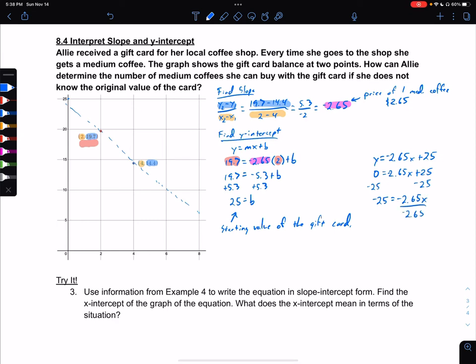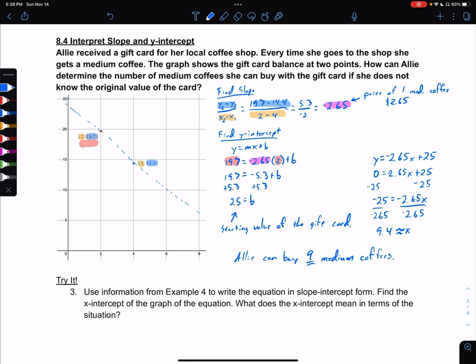So divide by negative 2.65. And that comes out to be approximately 9.4. Well, we can't order half a coffee, right? Or 0.4 of a coffee. So what can happen is Allie can buy 9 medium coffees.